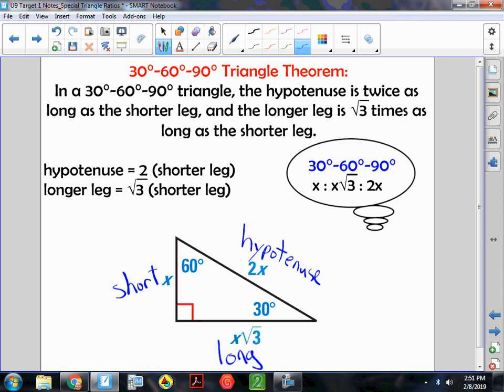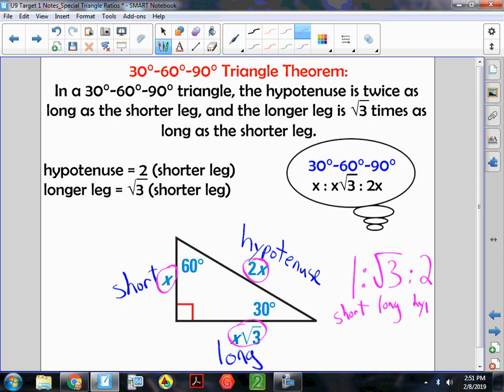They showed with this picture the ratios you're using, a 2, a 1, or a square root of 3. We refer to those as 1, square root of 3, and 2 for the short, the long, and the hypotenuse.